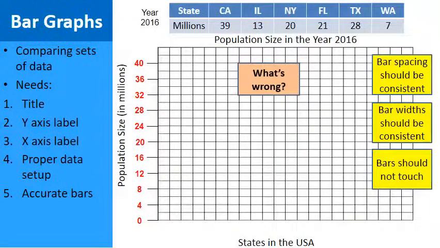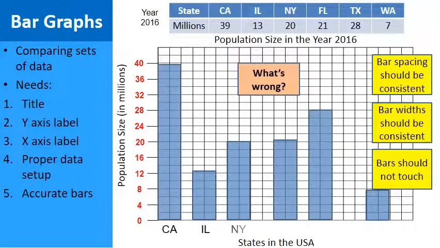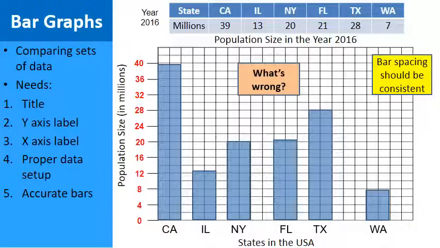Well, what's wrong with this example? I hope you see what's wrong is the spacing is not consistent. By isolating Washington away from all the other bars, you're making me think that there's something unique about Washington. So having consistent spacing in between the bars is really quite helpful in organizing this in my mind.